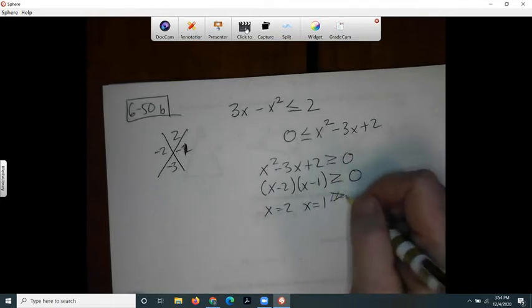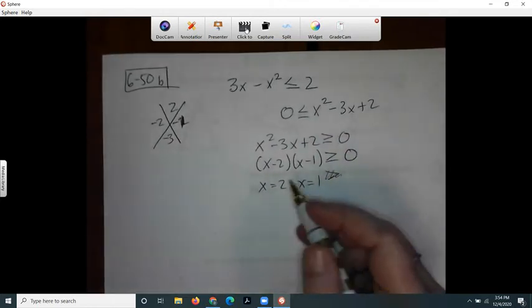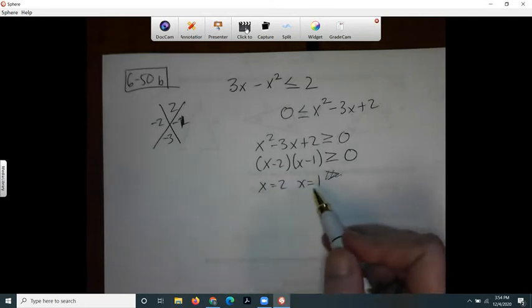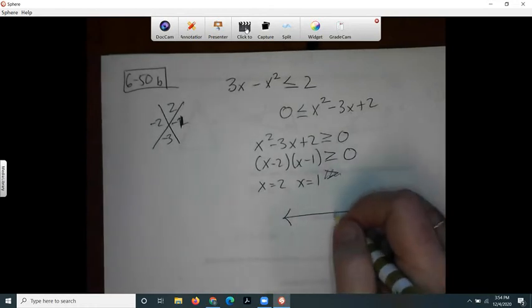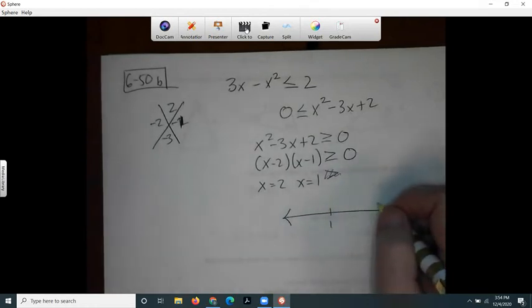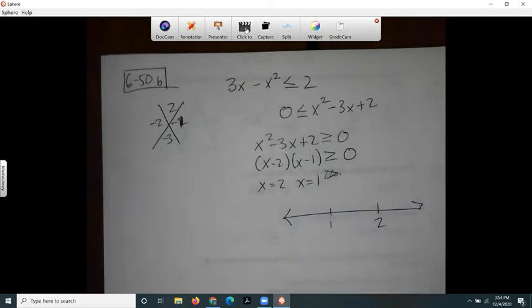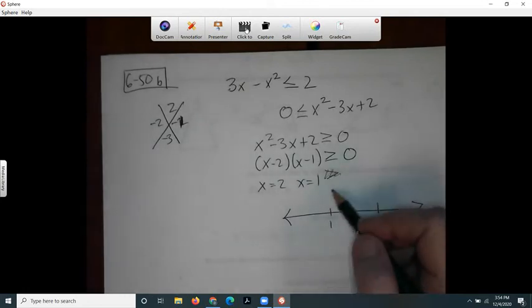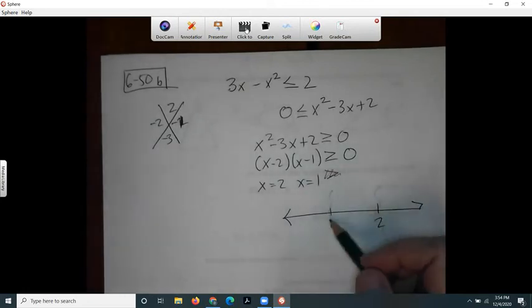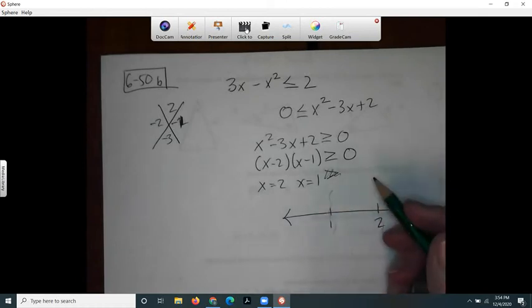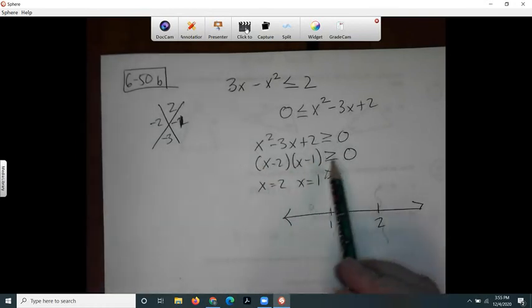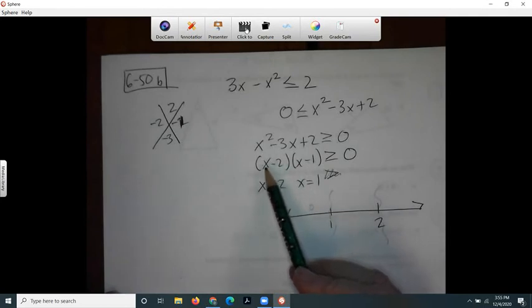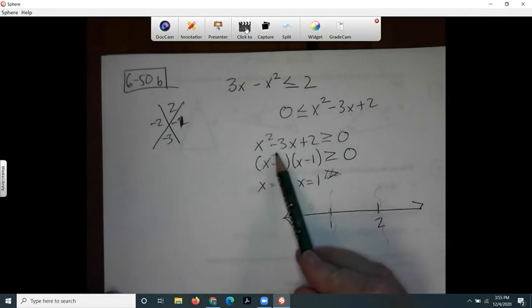Now these are what we refer to as the split points. There's one at 1 and one at 2, so I have some regions. For the region to the left of 1, I could just use 0. I'll quickly plug 0 in and see if it makes my inequality true or false. 0 minus 2 is a negative number, and 0 minus 1 is a negative number.